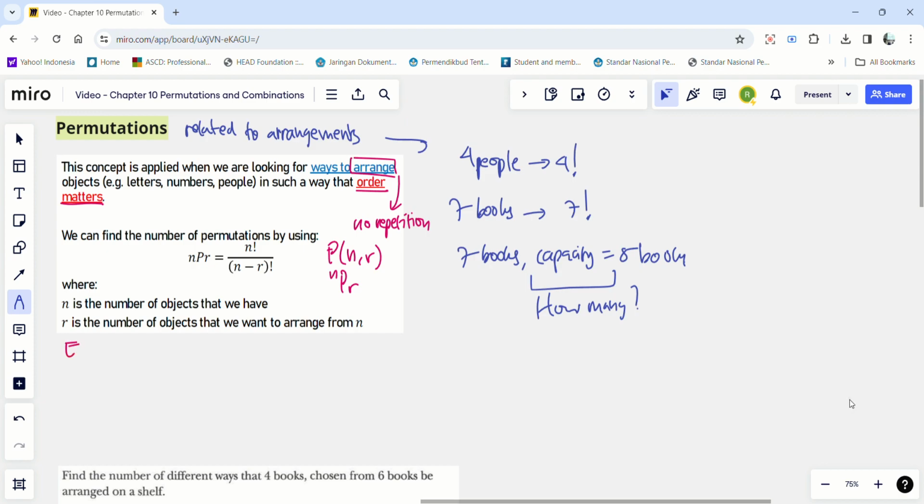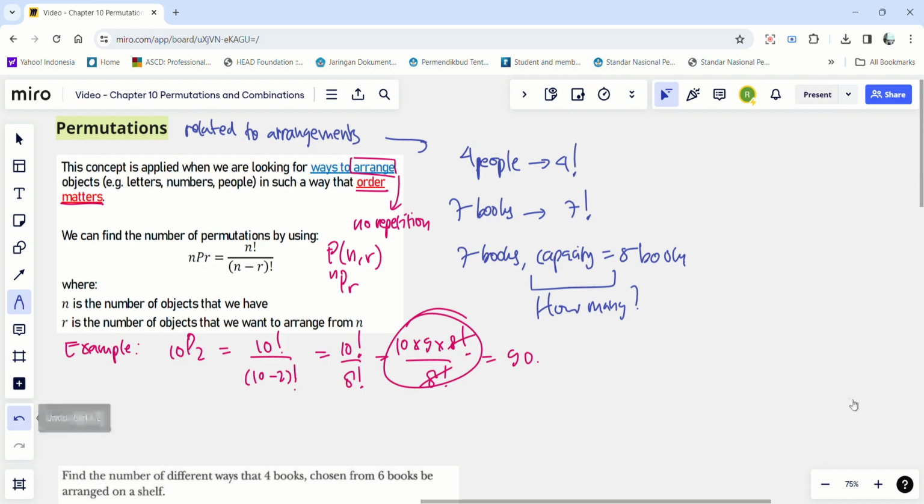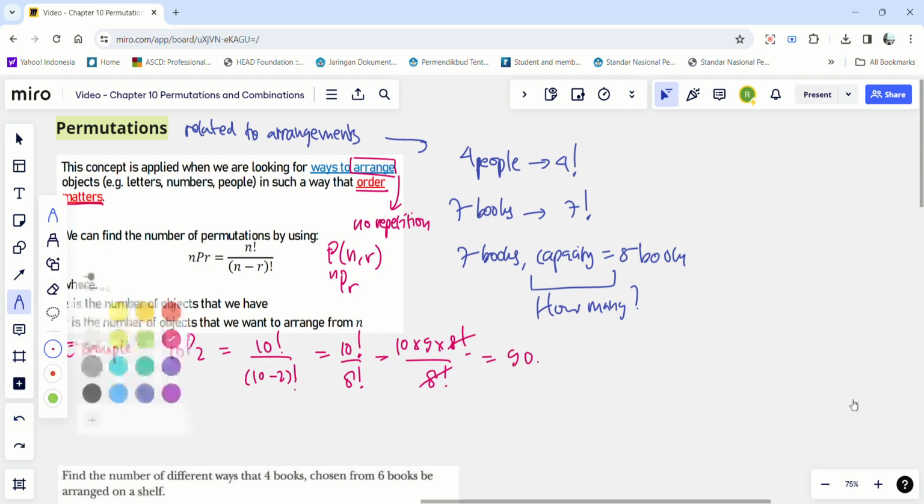For example, if you have 10P2, that means 10 factorial over (10 minus 2) factorial, or simply 10 factorial over 8 factorial. Then you can solve it using a calculator or by calculation. Simple like this: cancel, cancel. That's why it matters to know this property of factorial. You can use your calculator, definitely, if it's allowed as well.